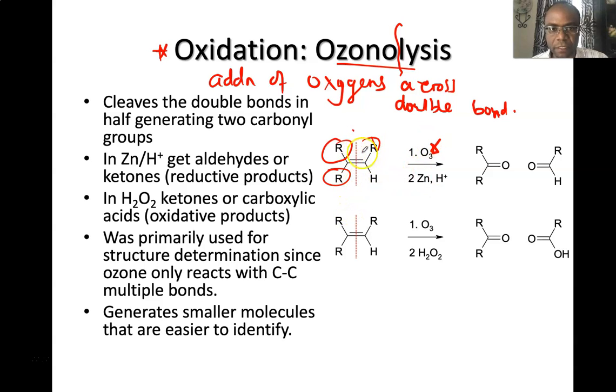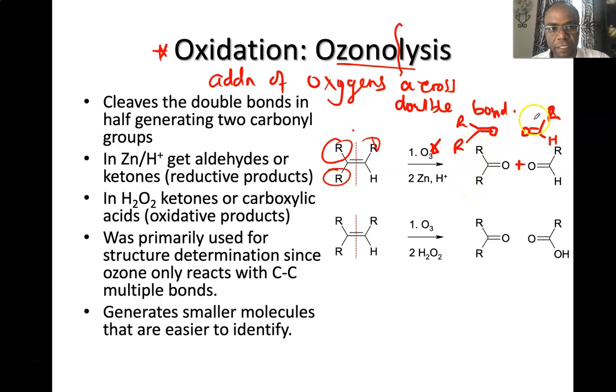If you were to cut the double bond apart, then you would get these two looking molecules, right? The R groups are generic groups. But now you don't stop there. You add oxygen across. That is a shortcut. The mechanism is beyond your scope.